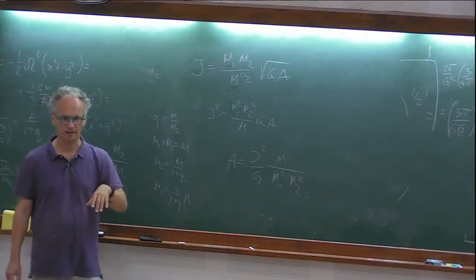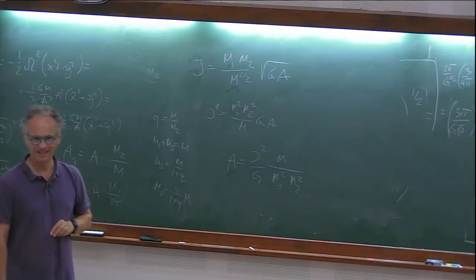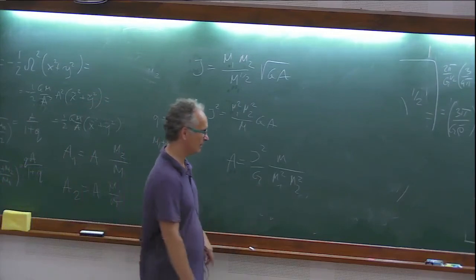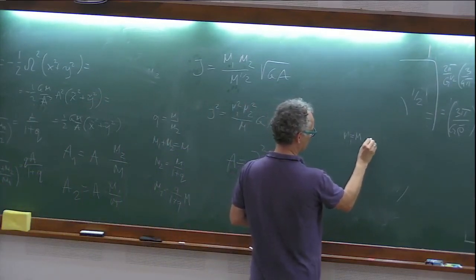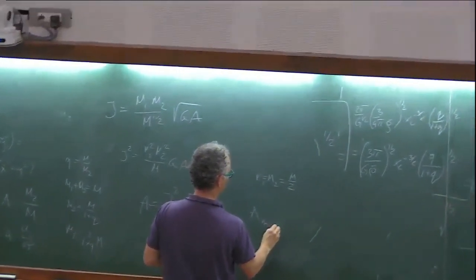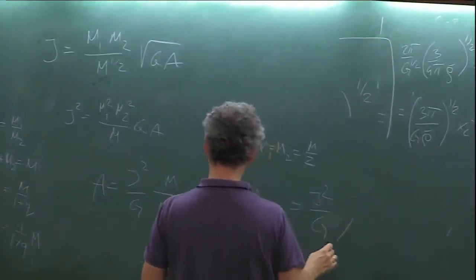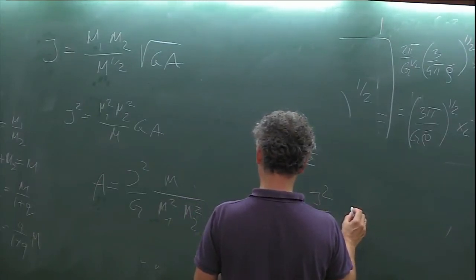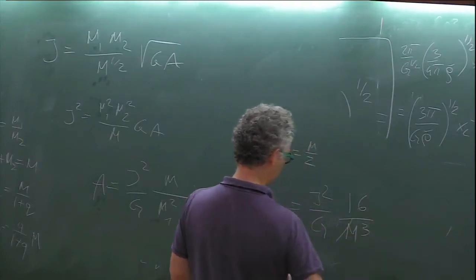Large value, small value? Can you do a quick analysis? Smallest value, yeah. So when M1 is equal to M2, equal to M over 2, we'll have A minimum, which is J squared over G, 16 over M to the third.